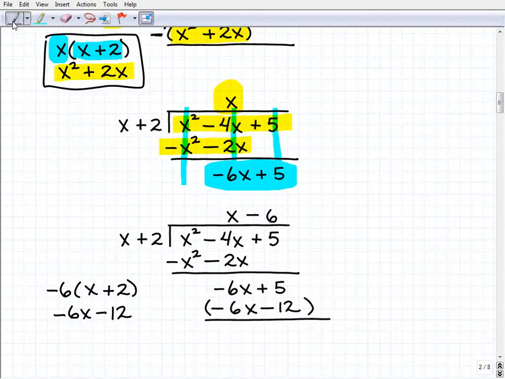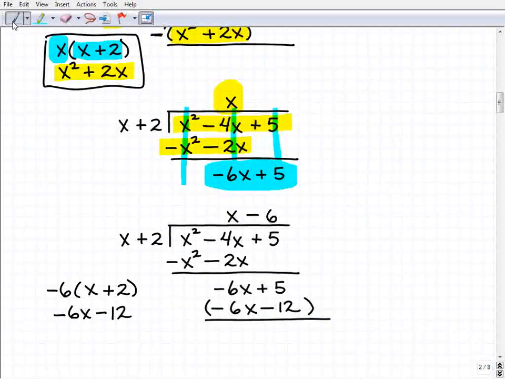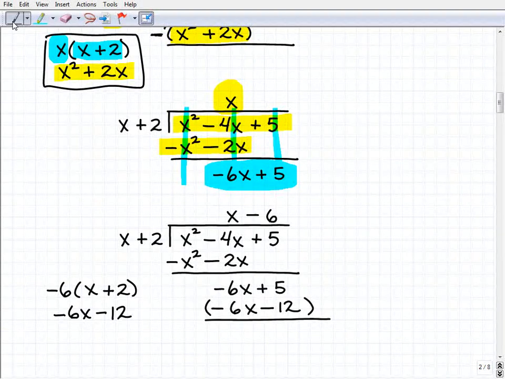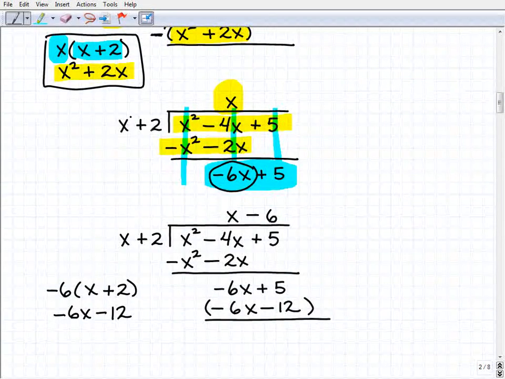If you're with me at this stage of the game, then congratulations. I think you're doing just fine, because this is pretty much the entire process. What we're going to be doing now to finish this problem up is kind of repeating what we just did. Now instead of looking at this x squared and x like we did in the beginning of the problem, we're going to look at this negative 6x and x.